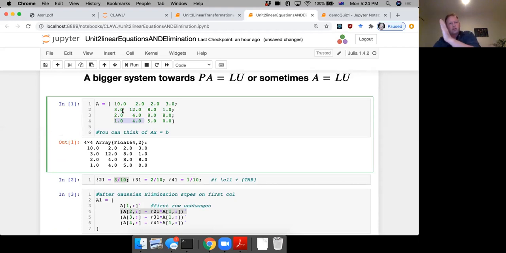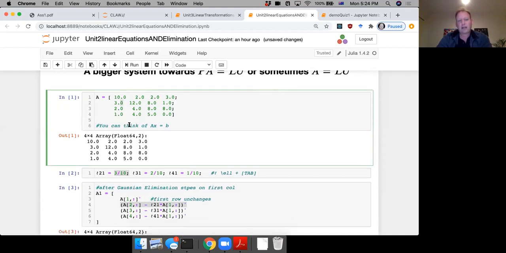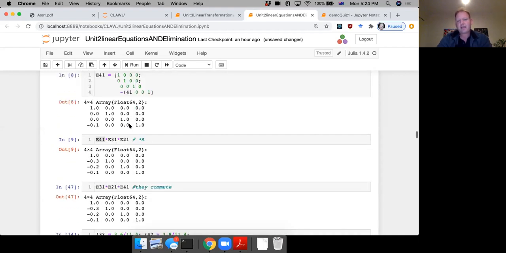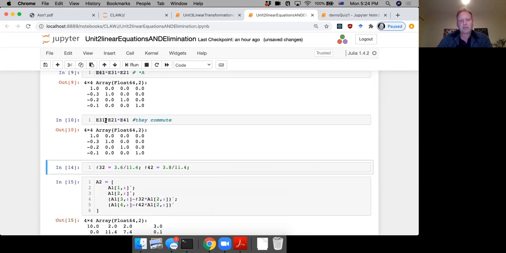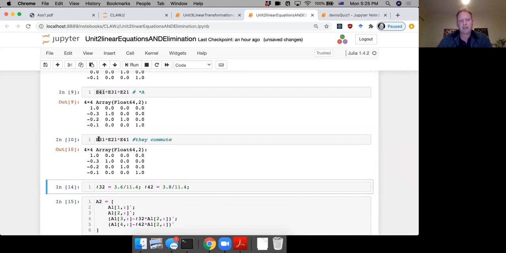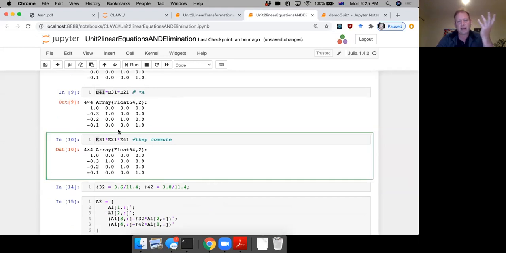You can't move to another column. We're still just in the first column. But you could have operated on this row, this row, or this row in any order you like. This is embodied in the fact that these matrices commute. Here I have E31 times E21 times E41, in a different ordering, and it's the same product.